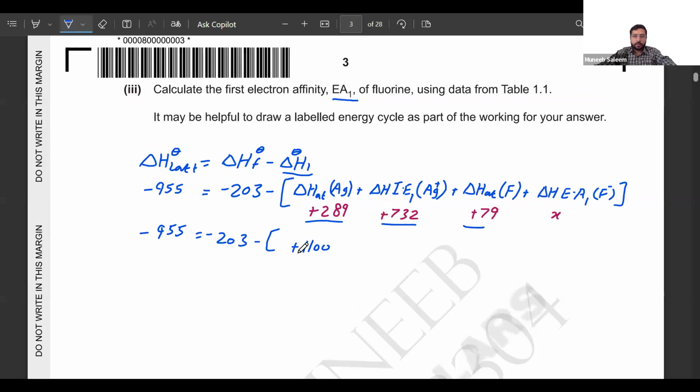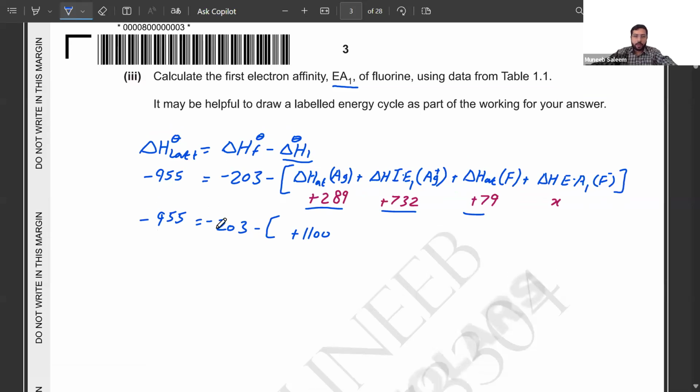And then add it with the minus 203, since the value outside is a bracket plus X. Now this will become minus 203 and minus 1100 minus X.